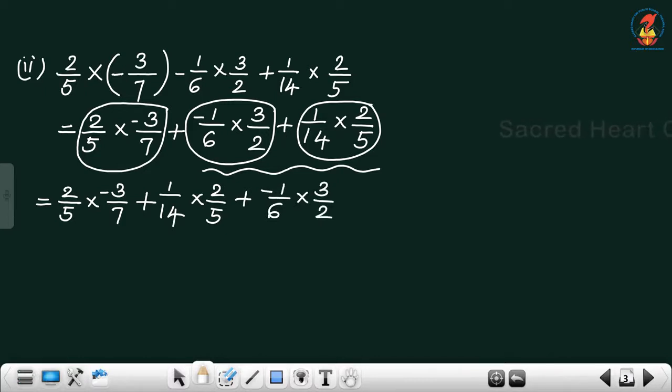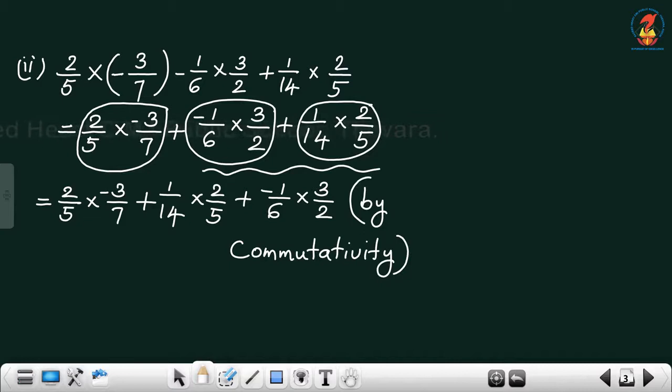So A plus B is same as B plus A by commutativity. Using commutative property.